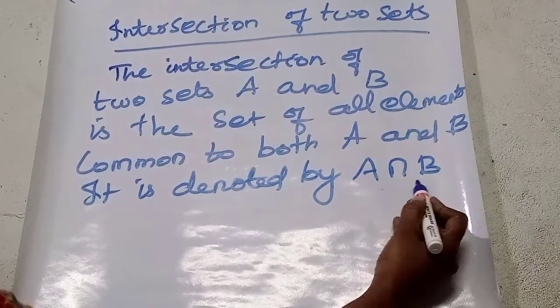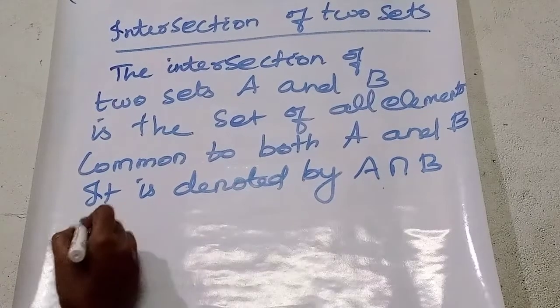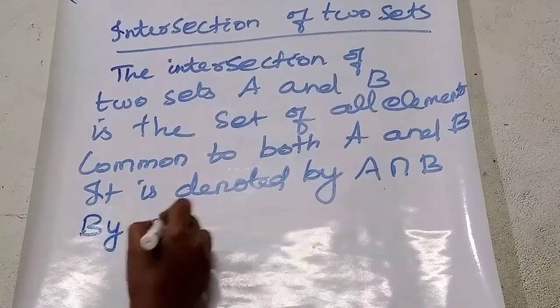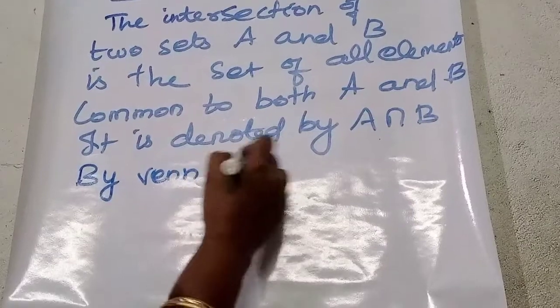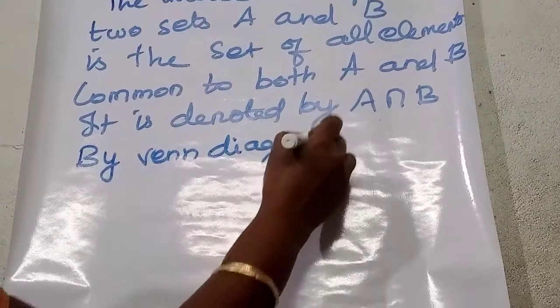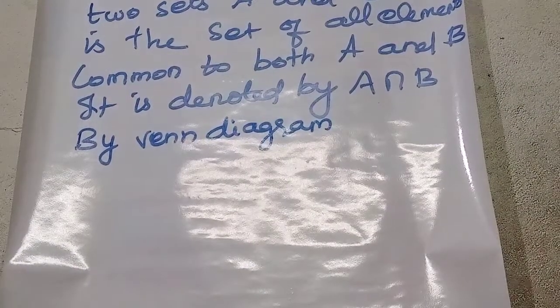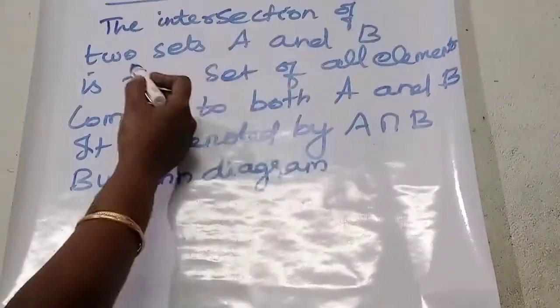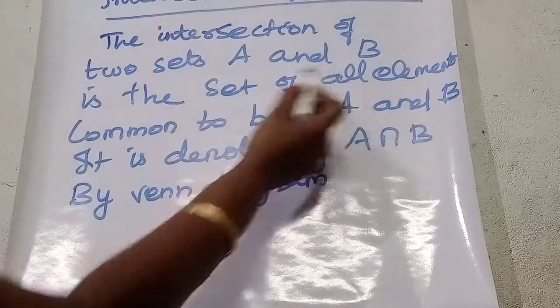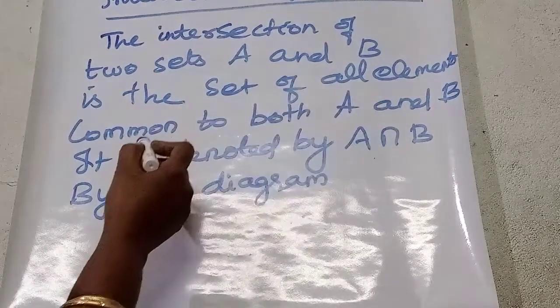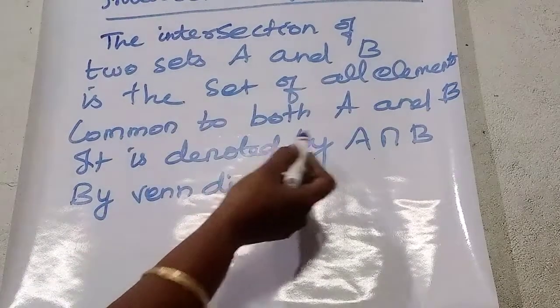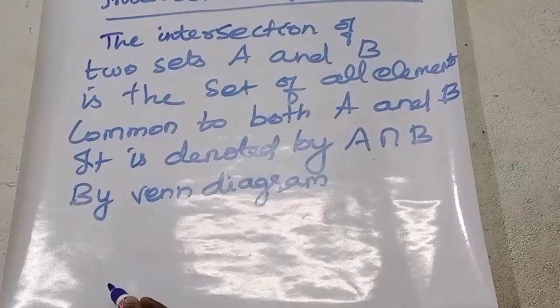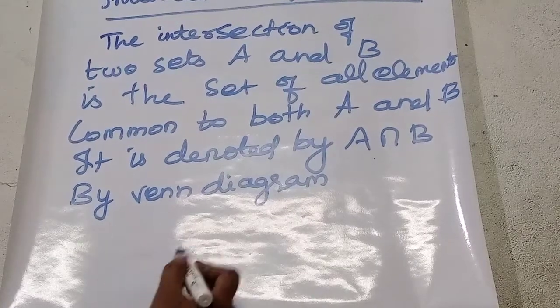A intersection B. By Venn diagram, let us show the intersection. The intersection of two sets A and B is the set of all elements common to both the sets A and B. Only the common part we have to select.